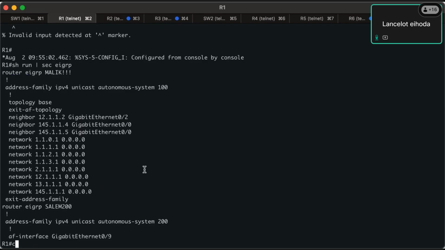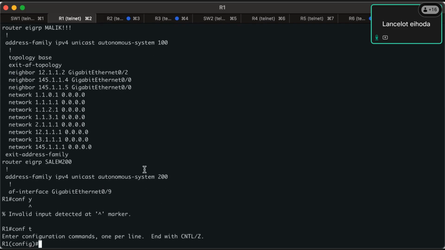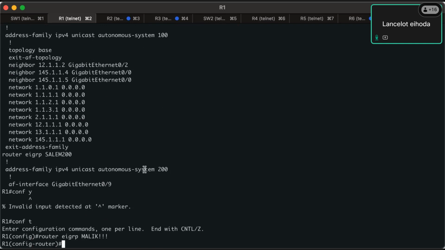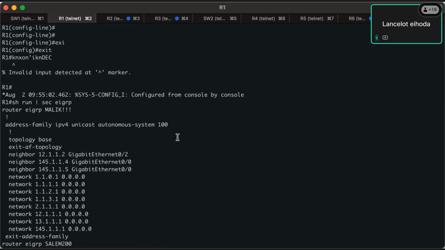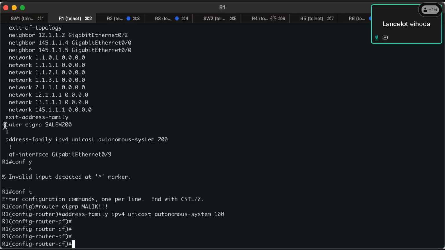That'll be Malik. So this will be the same address family. But there's a problem.